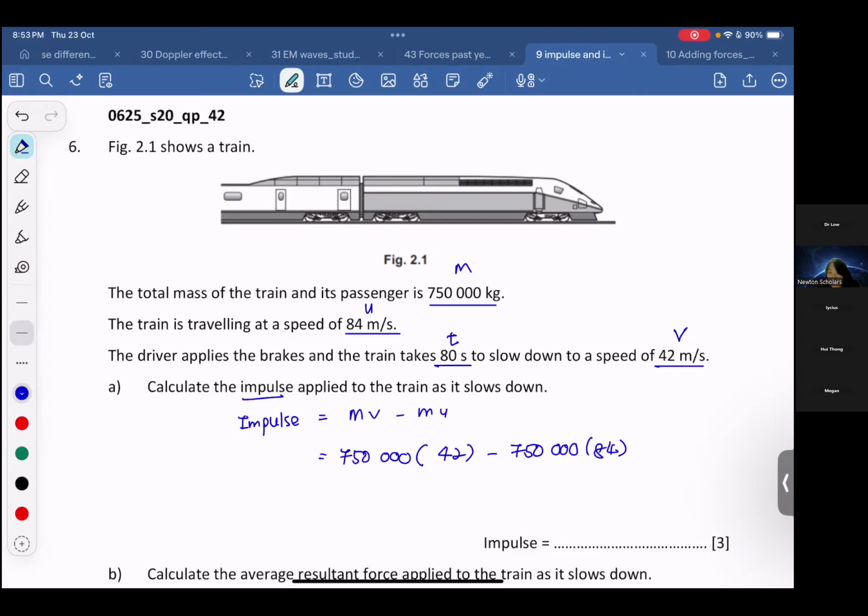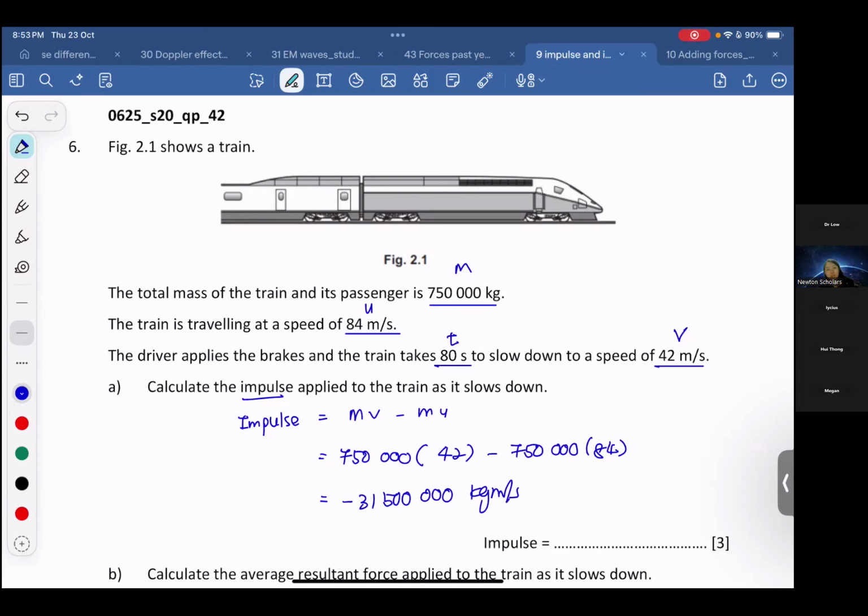Megan is correct, but I also am not correct. Why? It's my problem. Did your working steps match mine or not? My answer is negative 31,500,000 kg meter per second. Can you help me check? Is it my problem or your problem?